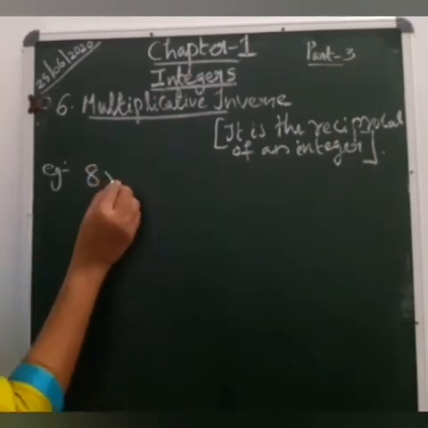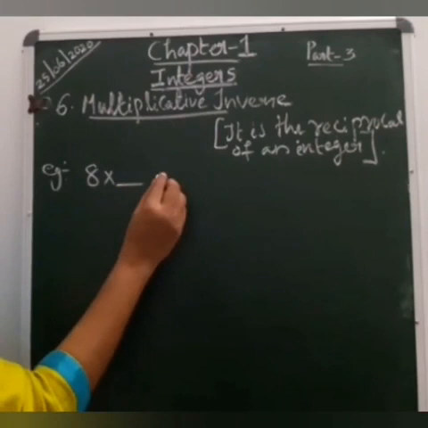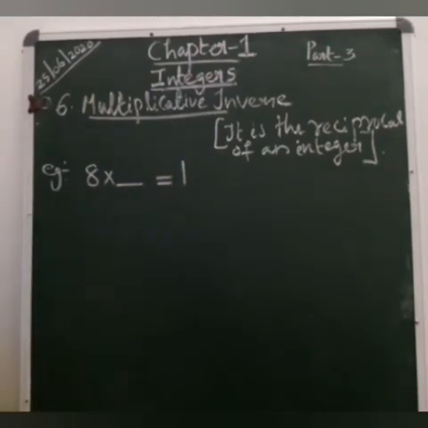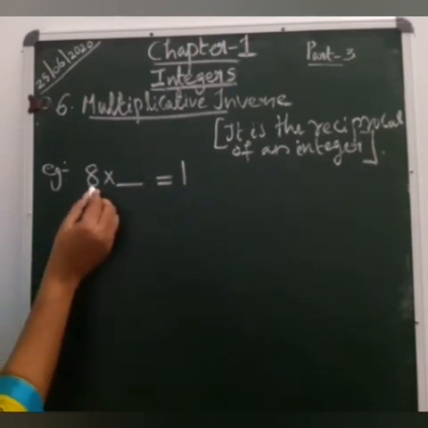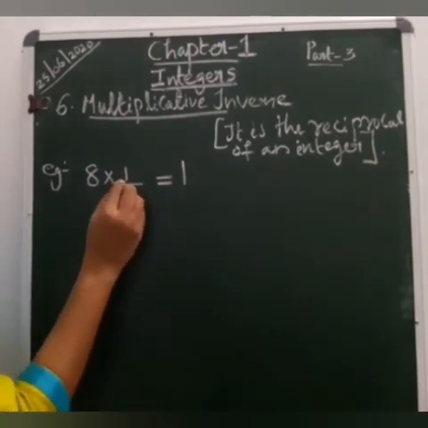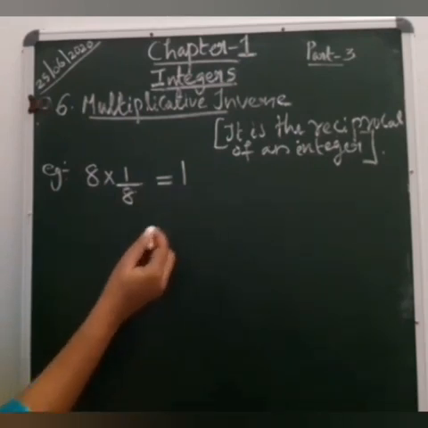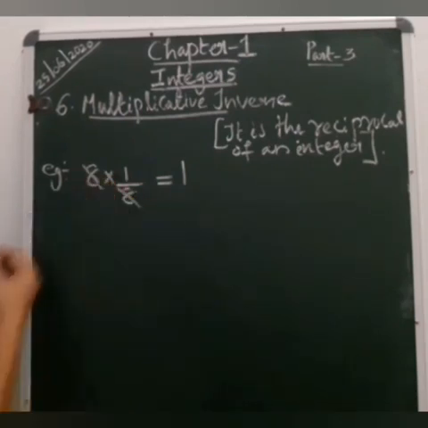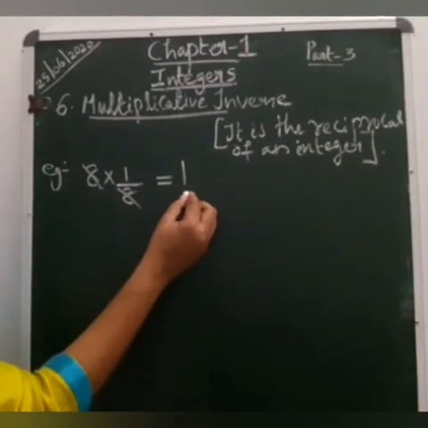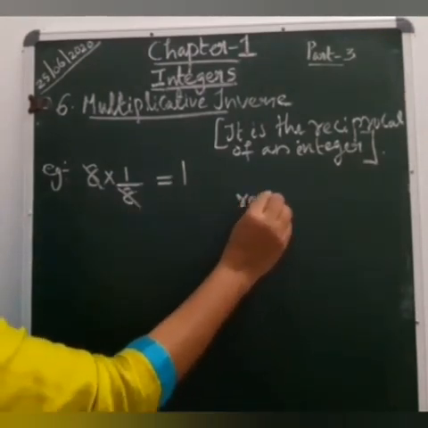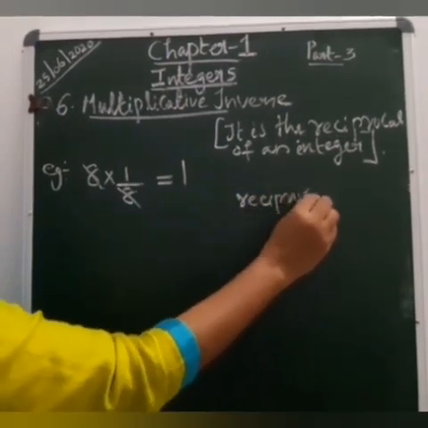What should be multiplied by 8 to get the result as 1? We must multiply 8 by 1 by 8 to get the result as 1. Here 8 and 8 is cancelled and the result is 1. Here 1 by 8 is the reciprocal of 8.